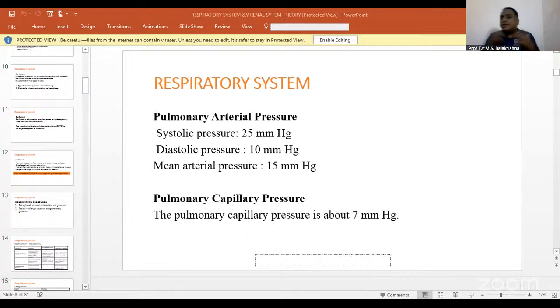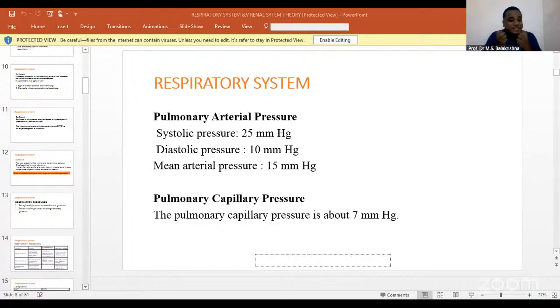See, our heart does not expand much, but the lung expands. So the ability of the lung to expand is called compliance. The formula is change in lung volume per unit change in pressure. So it is change in volume by change in pressure.